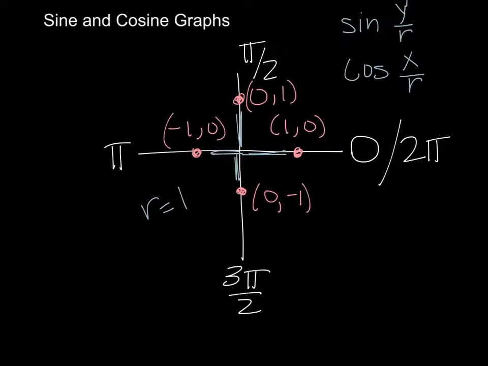So then sine always equaled y, and cosine always equals x.